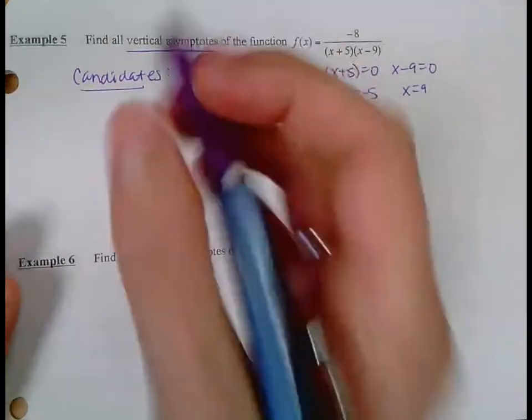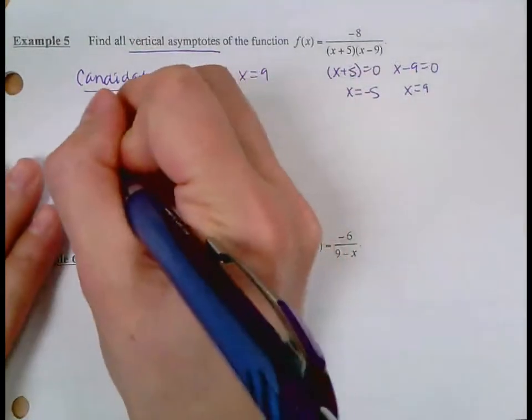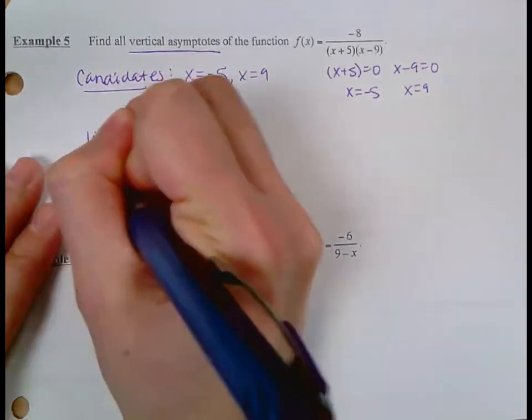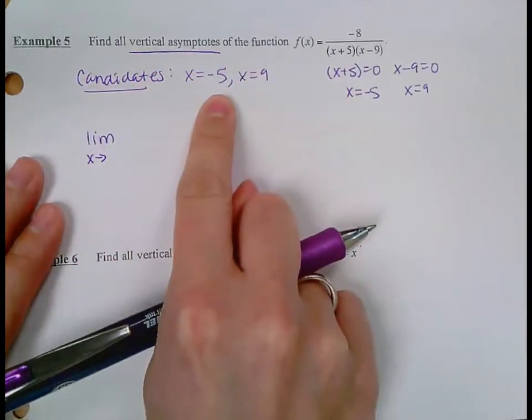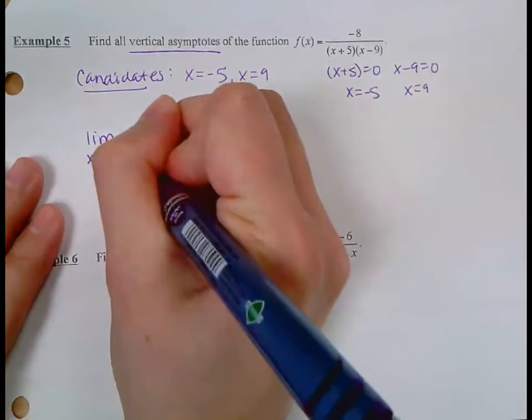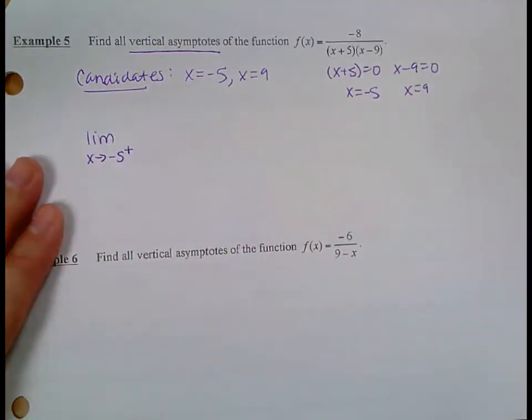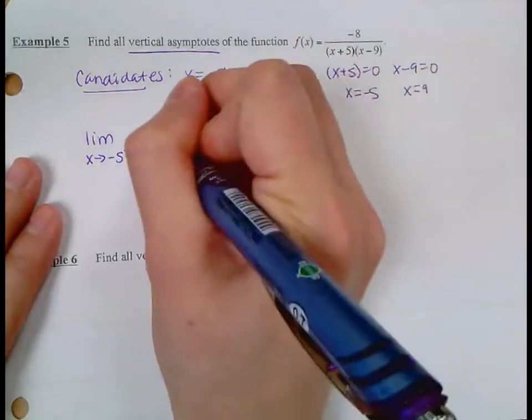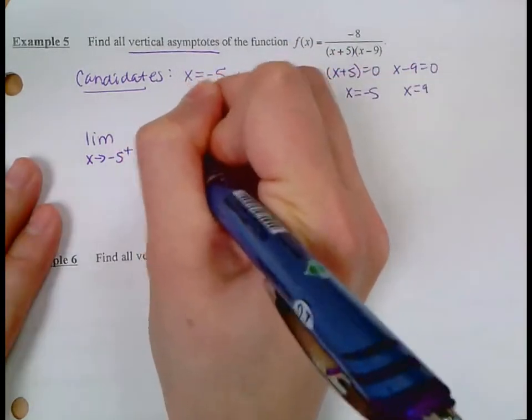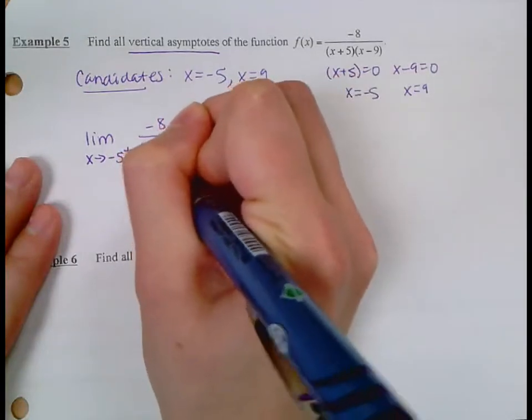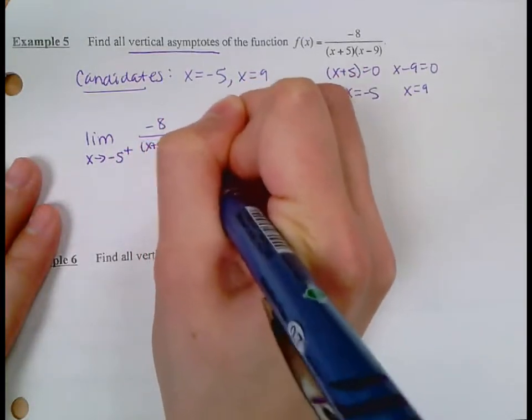So if you look at example 5, I would need to find the limit as x approaches -5 from one side. I'll just show from the right. I like to deal with numbers greater. It doesn't really matter though. Of my function, -8 over (x plus 5)(x minus 9).